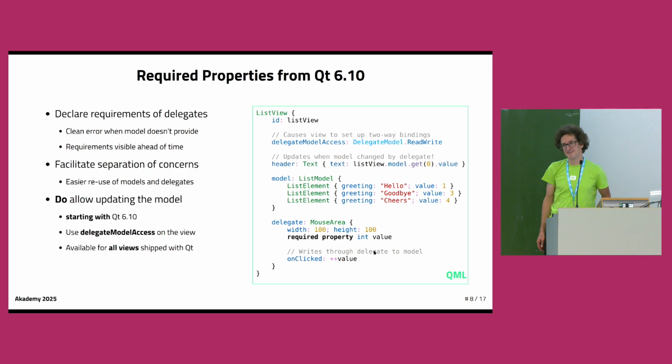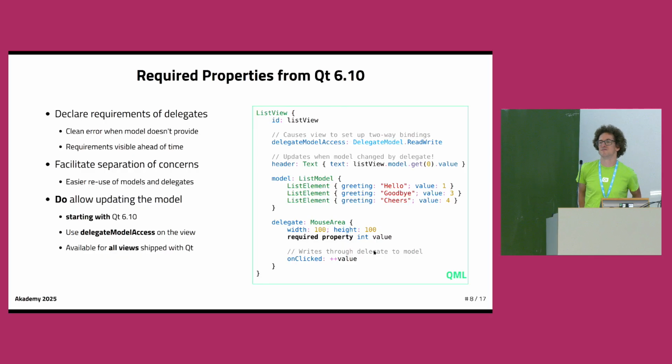How nice. And just on Friday, I managed to actually also make it debounce. So if you write the delegate, the change doesn't propagate back to the delegate, and if you write the model, the change also doesn't propagate back to the model. So this is in 6.10, and you need to opt in, with delegate model access, because it's obviously a change in behavior, and we can't just do that silently.